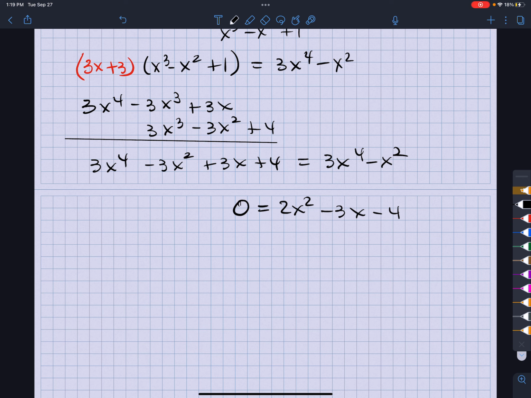So is this factorable? Let's see. Yeah, the 2 and 4.